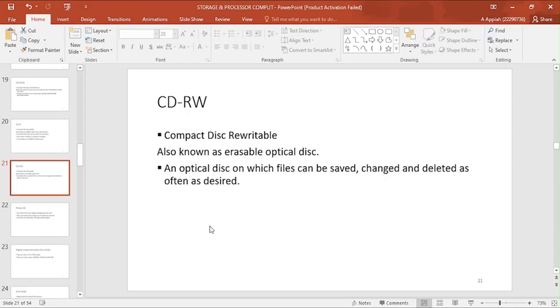So with this, you can store data on it, and you can change it as often as you want. Unlike the compact disc ROM, where you cannot make any change to the data, with this you can rewrite it or change it as and when you want.